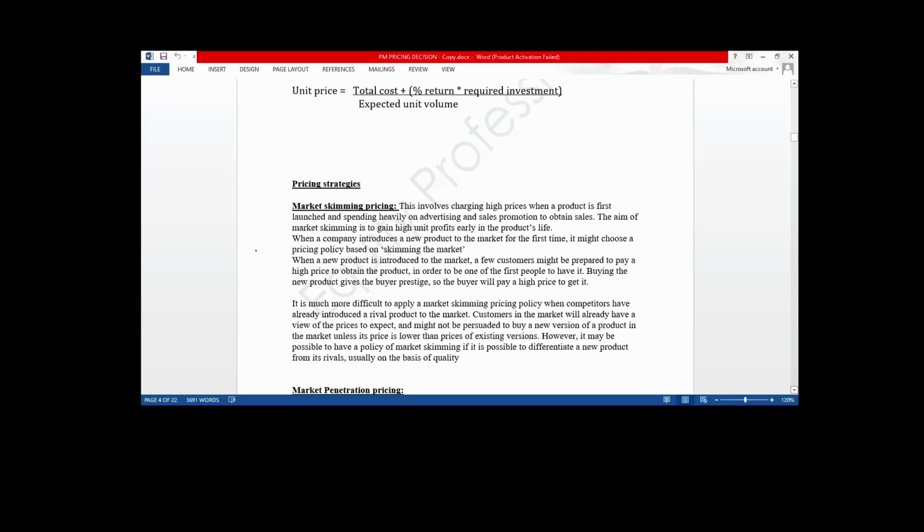Number two, your product must have some uniqueness, not present in existing products. Then you can do market skimming successfully. So a company can launch a product using the market skimming pricing strategy.